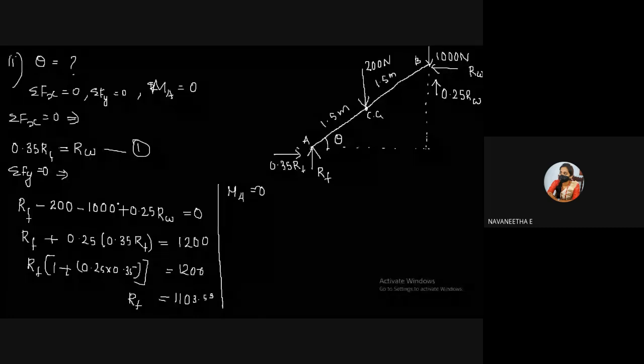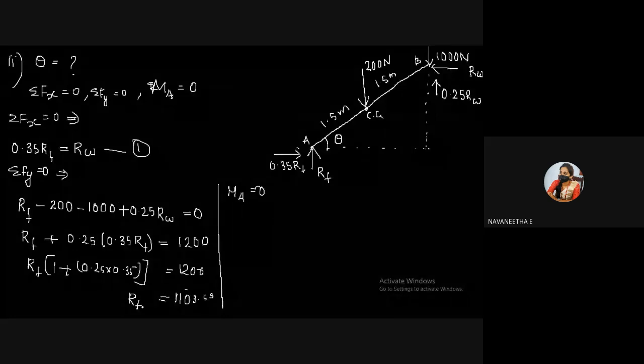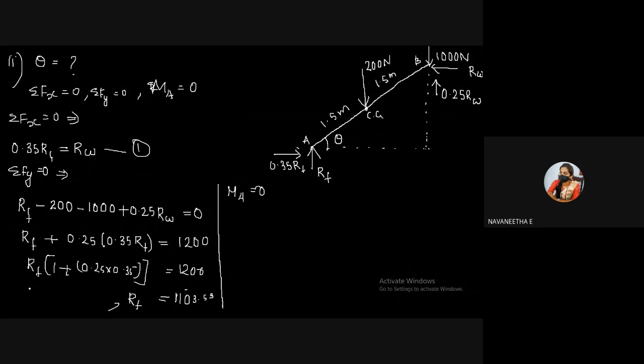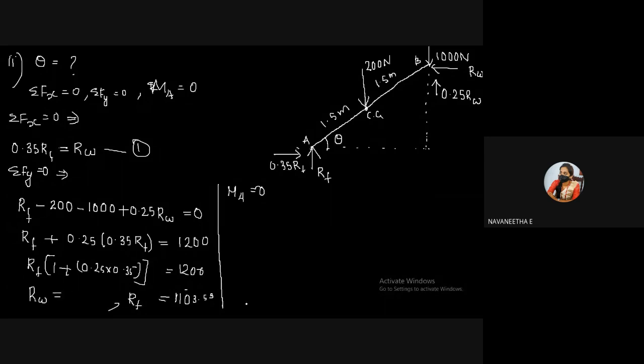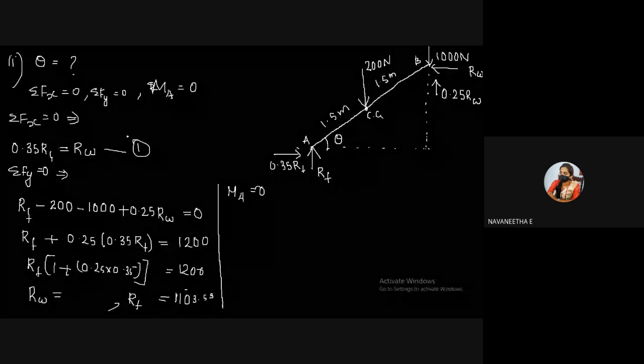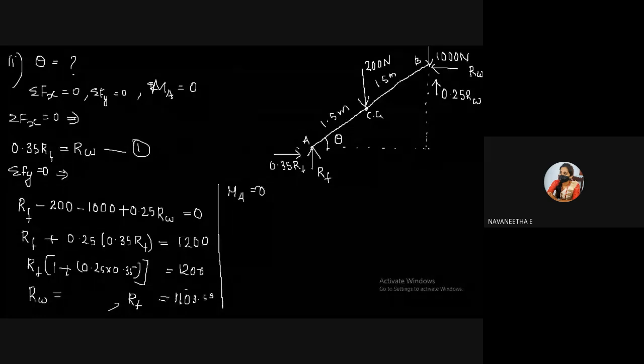So then tell me what is RW. RW equal to 0.35 into this value. So what is the value of RW? While applying this value in our first equation, you can find the value for RW. So what is the value for RW? Here, 0.35 into 1103.53.